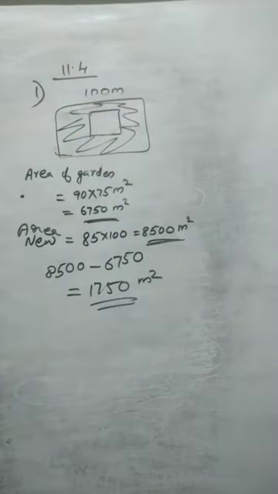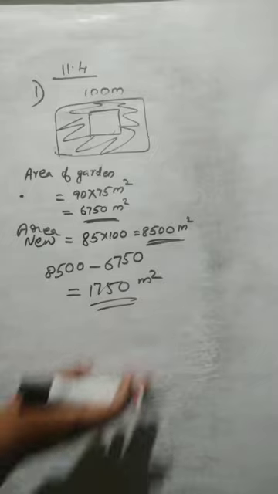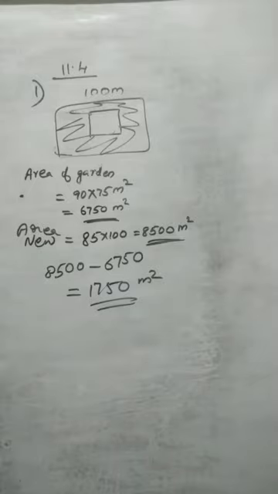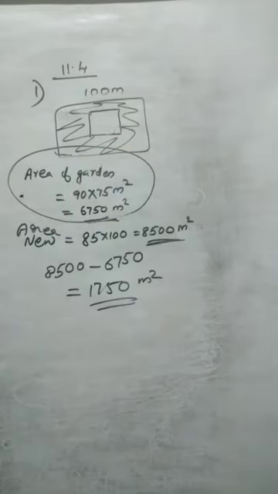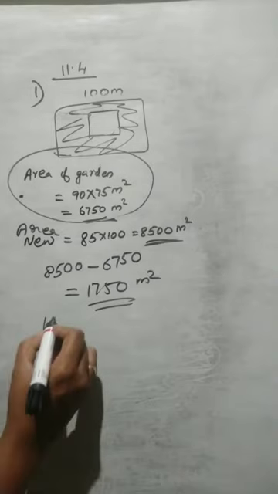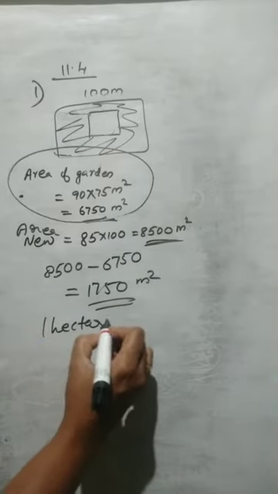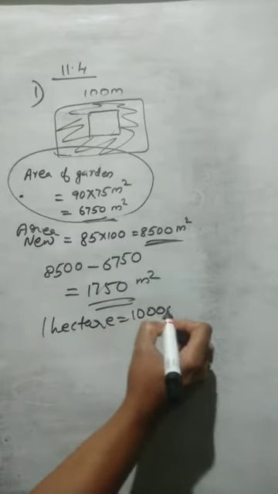Clear for you? Then next question is we have to convert this one into hectare. Which one? The area of this garden into hectare. Then 1 hectare is equal to 10,000 meter square.